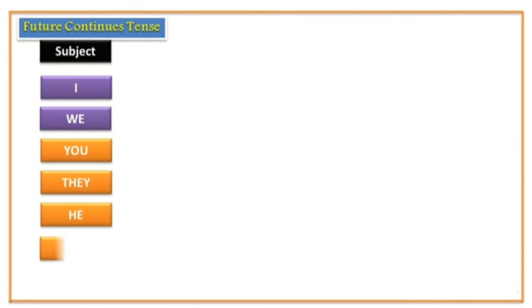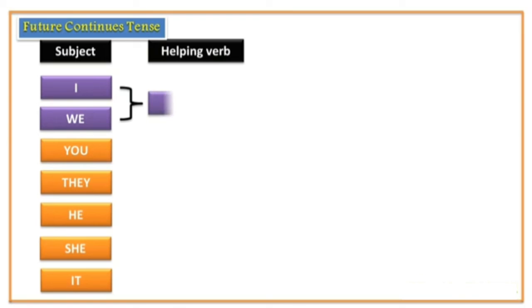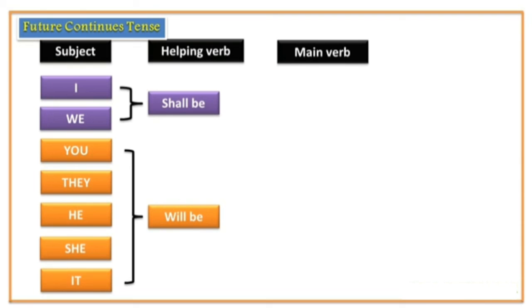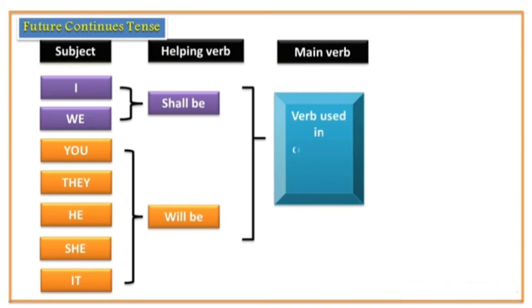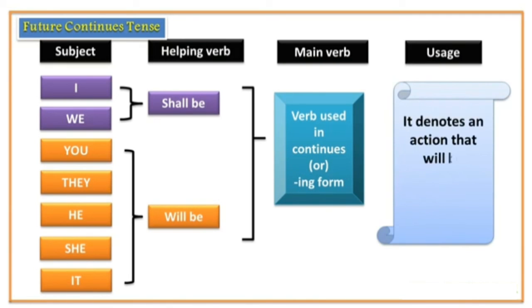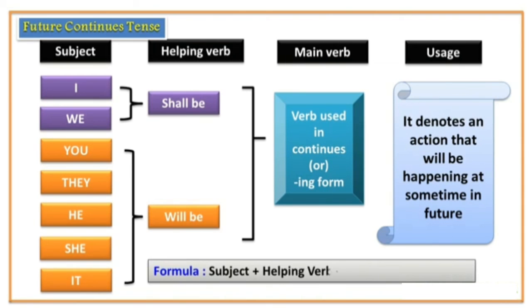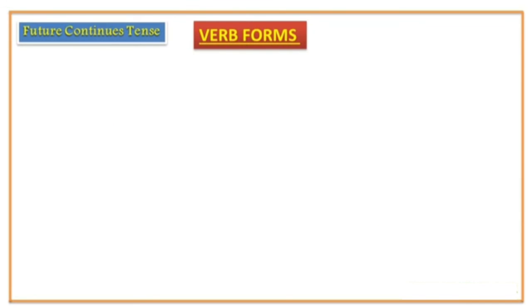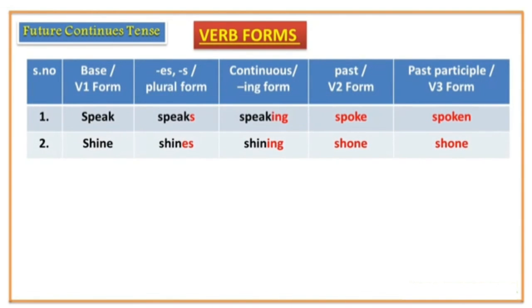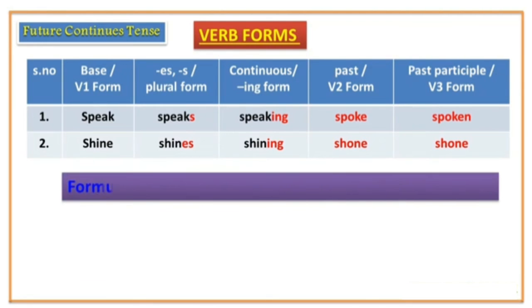Future continuous tense is formed by using shall be or will be with the subject, and the main verb will end in ing form. Look at the following examples.